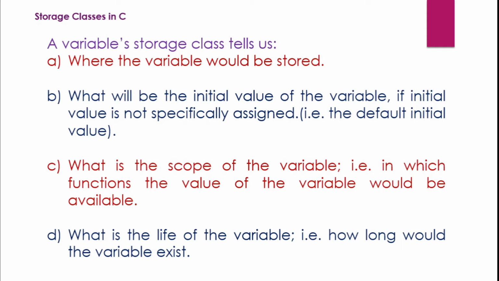And the last one is the life of the variable: how long that variable can be used, or how long the variable will exist. So these are the four things the storage classes tell us about a variable.